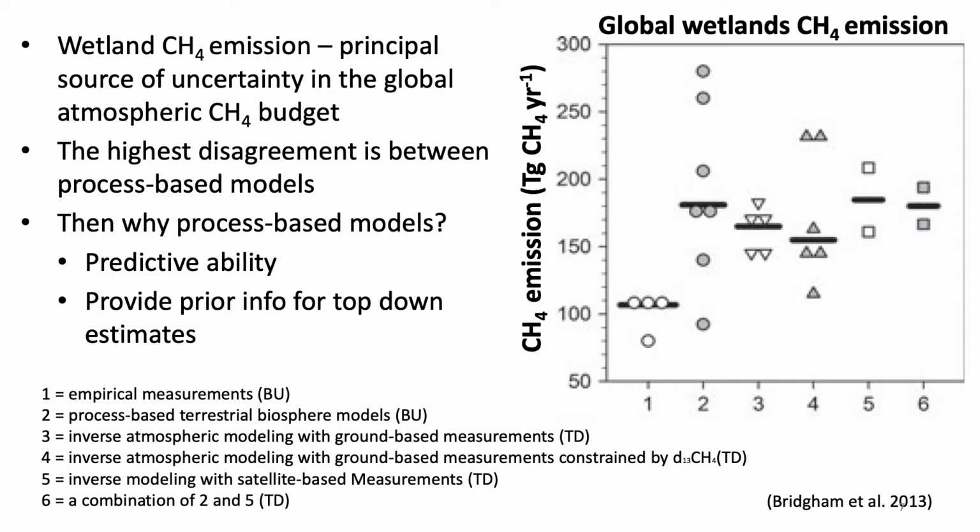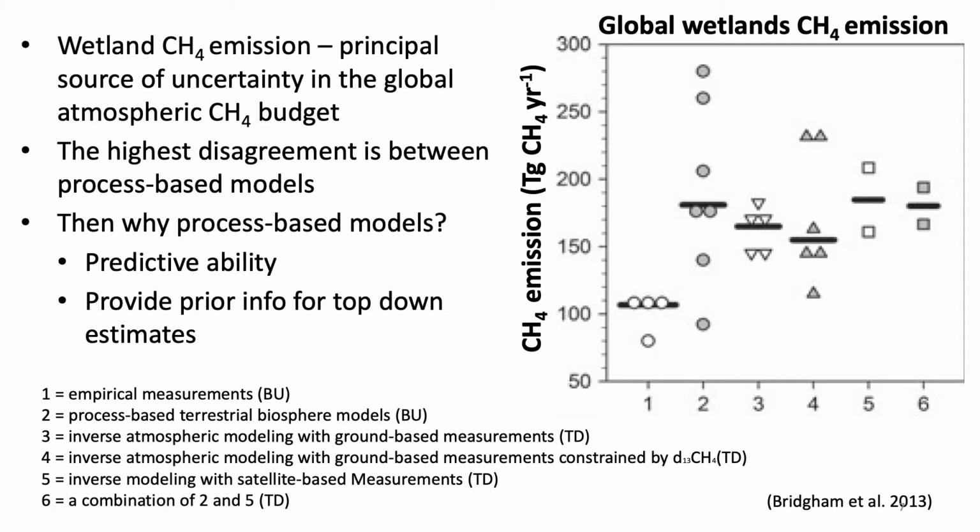Methane has 45 times the warming potential of carbon dioxide over a 100-year scale. It is directly responsible for approximately 20% of global warming since pre-industrial time. However, wetland-sourced methane emission has been a principal source of uncertainty in the global atmospheric methane budget.